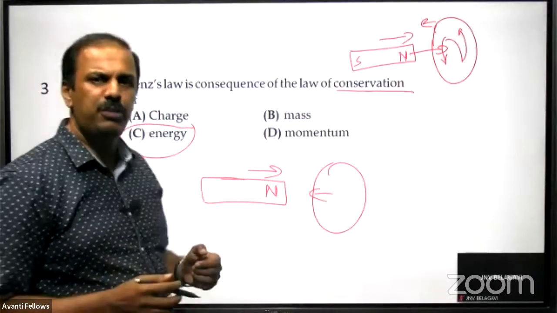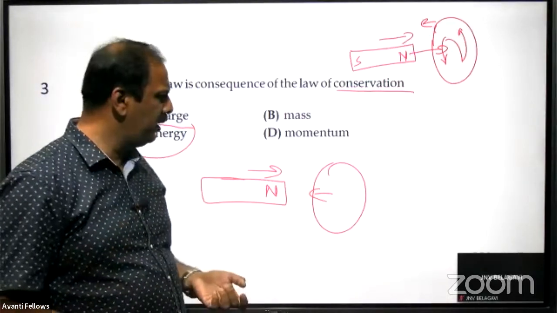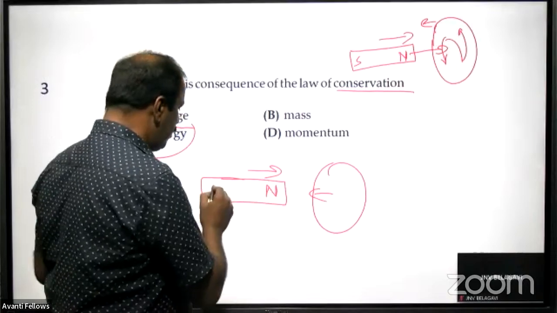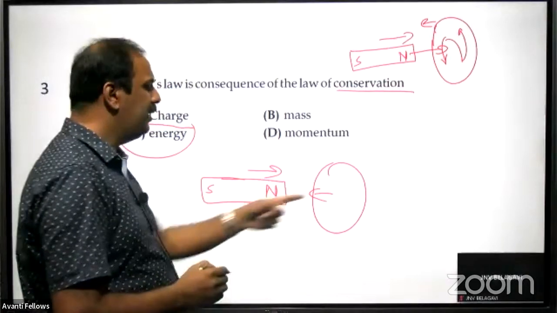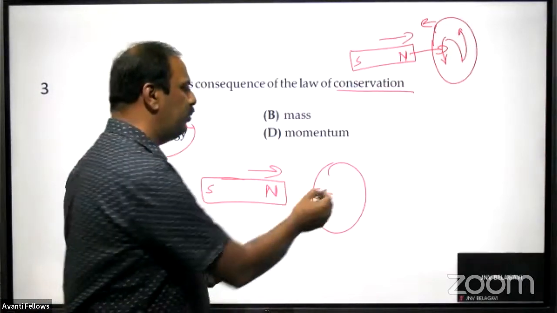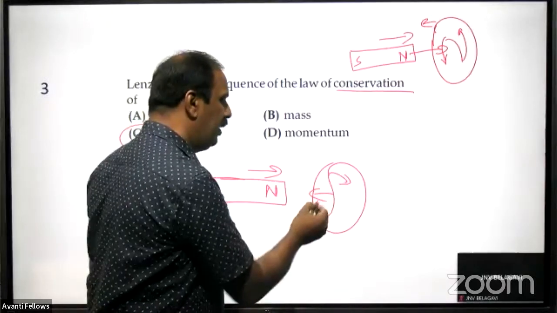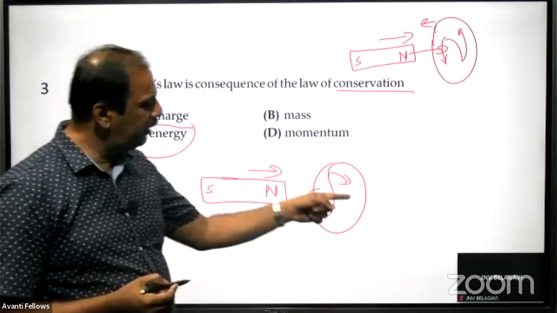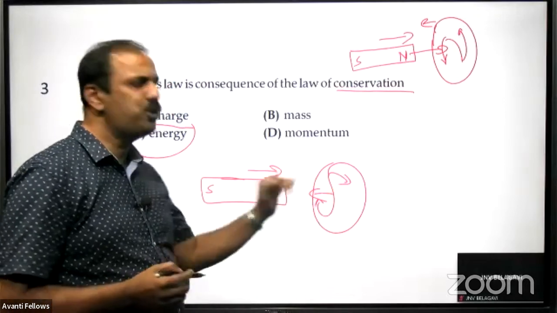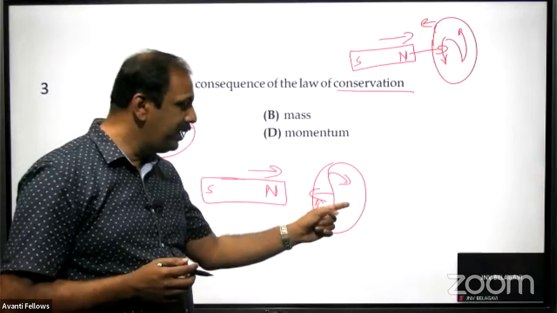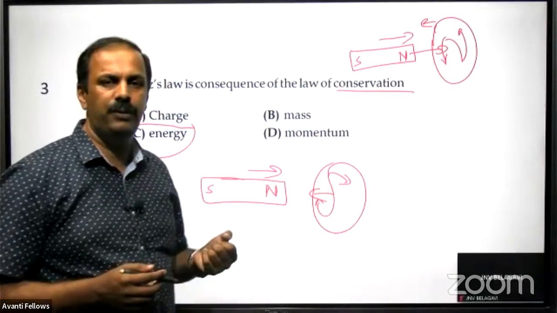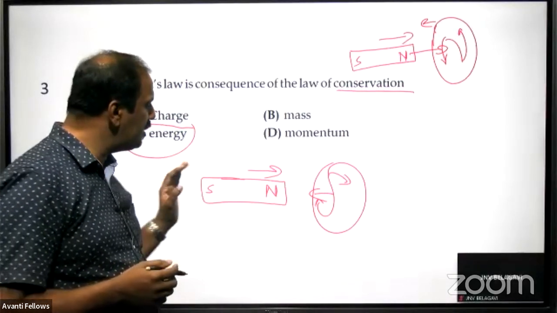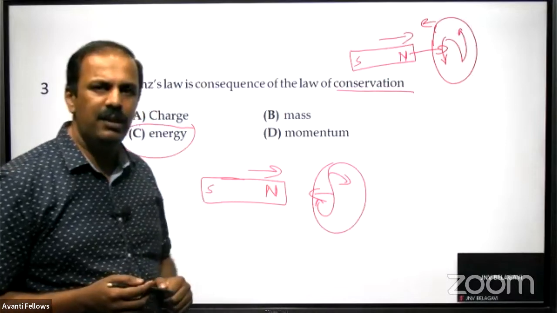If it is not pushing back, and the situation is opposite, then when you push the north side toward the loop, north is not formed. For example, suppose south is formed here. If south is formed here, what will happen? Here we have a north and here we have a south. When the north is pushed toward that side, this south will attract this north. So once it is attracted, it will get accelerated toward that side.